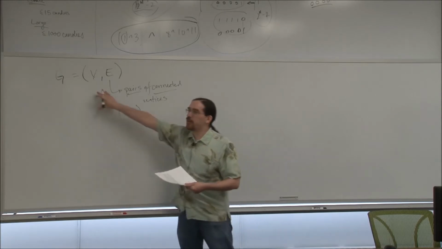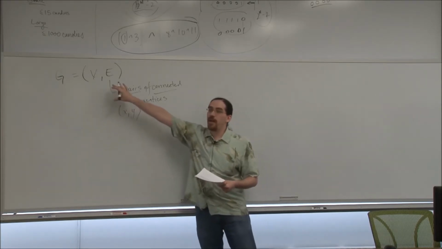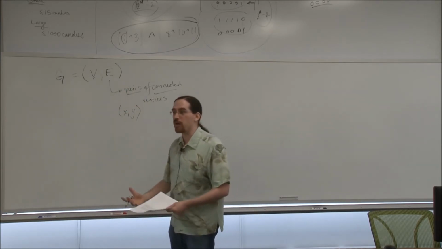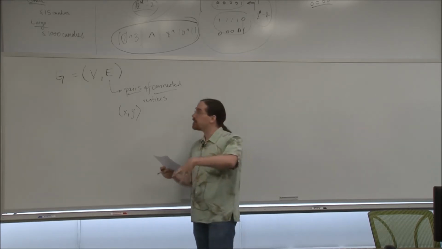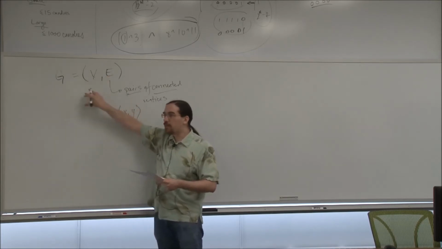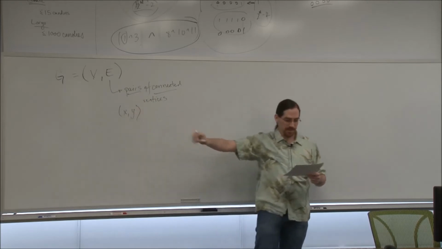Or maybe the vertices are going to represent people, and the edges will represent relationships between the people. And then we'd be modeling a social network with the graph. But in general, when we talk about graphs, we're talking about elements as vertices and edges as relationships between those elements.